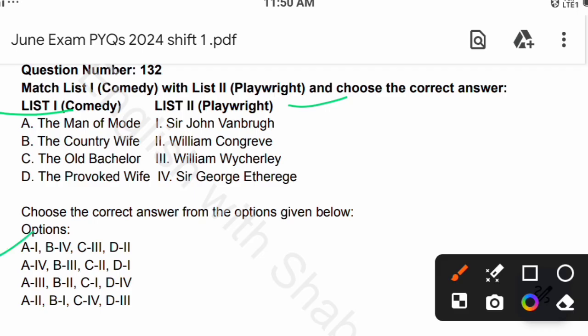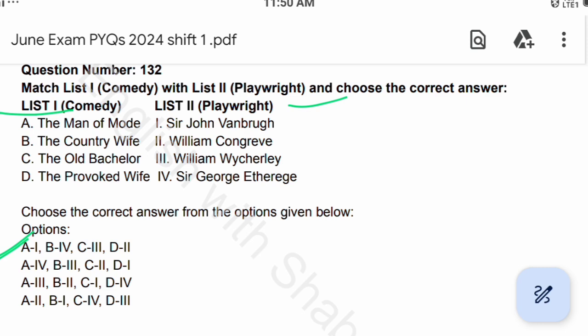Options here: comedy and playwrights. From 102 we have started the questions on chronological publications, theorist terms, and matching. So if you skip these questions, there will be a loss, no?